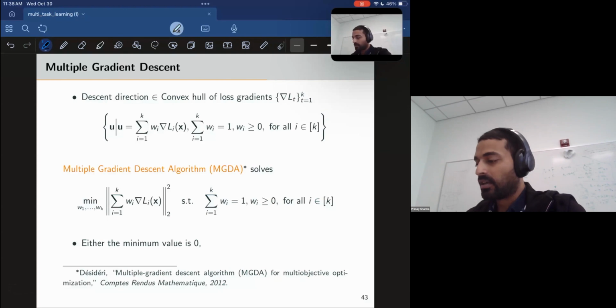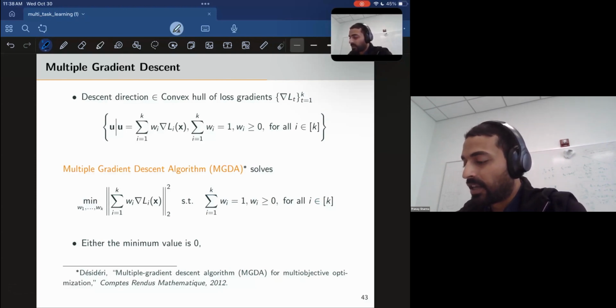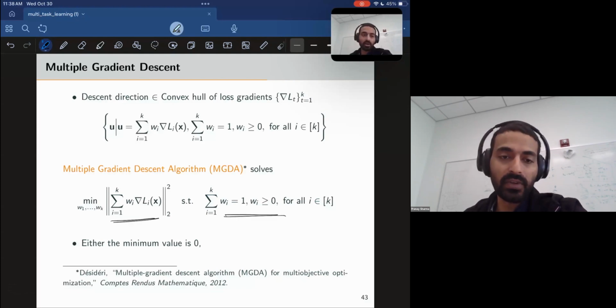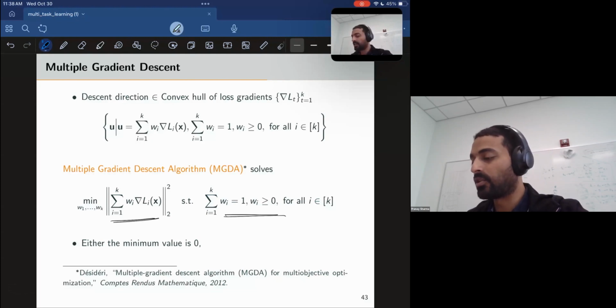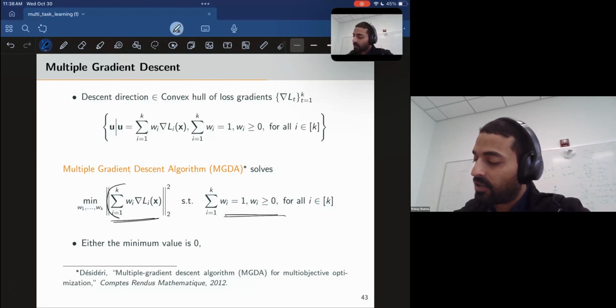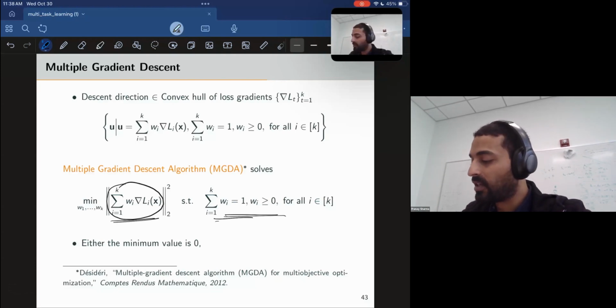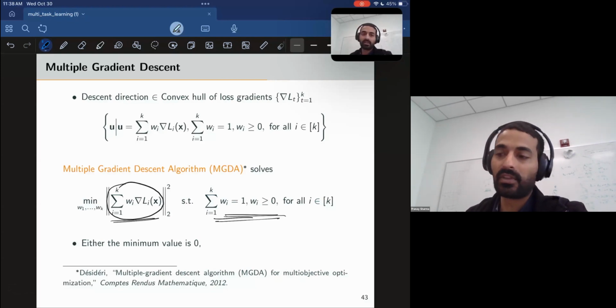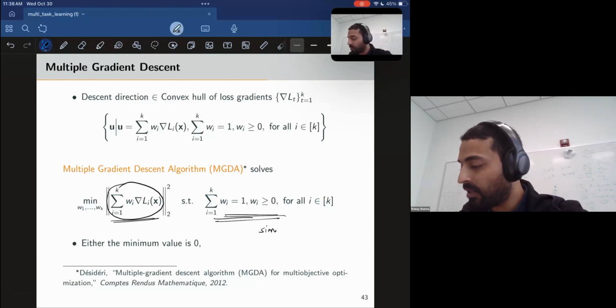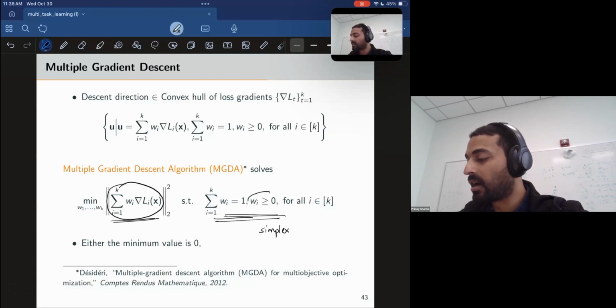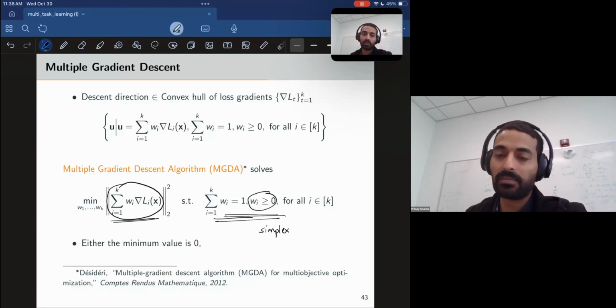So the MGDA algorithm solves the following problem. It looks at a convex combination of the loss gradients, looks at its norm, and then tries to minimize this norm over this convex set. This is the probability simplex, because all entries are non-negative and all of them have to sum to one.